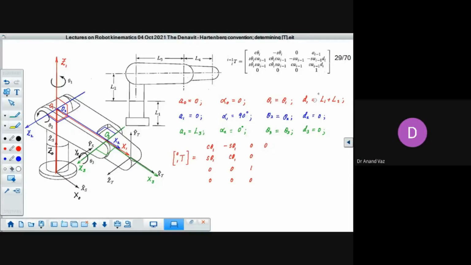Then minus sine of 0 into d1. d1 is non-zero, but alpha naught is 0. So sine will become 0. So this will become 0. And here you have cos of 0, that is 1 into d1, that is L1 plus L2. So we'll write this as L1 plus L2.